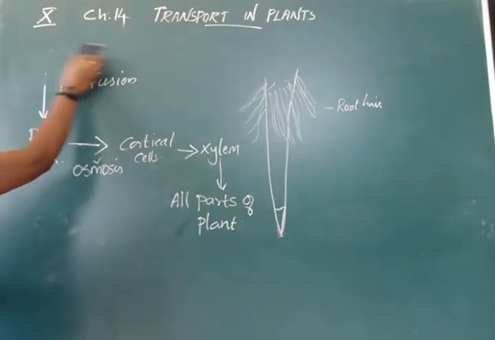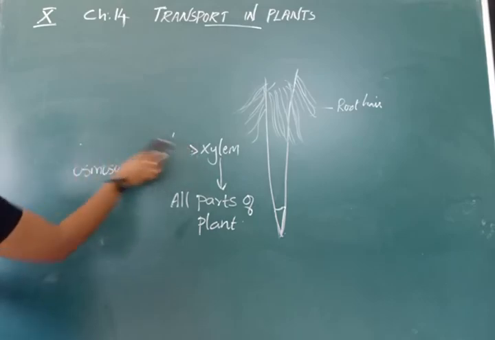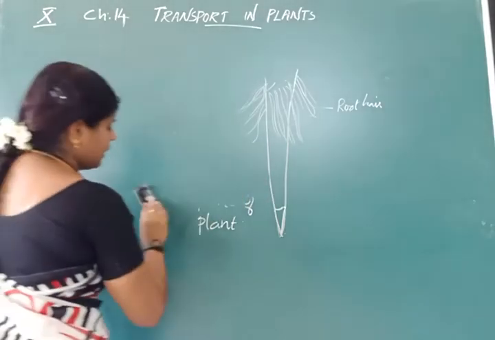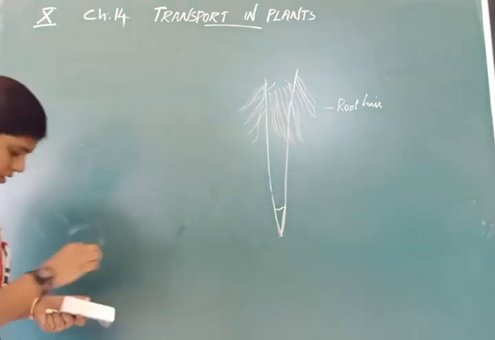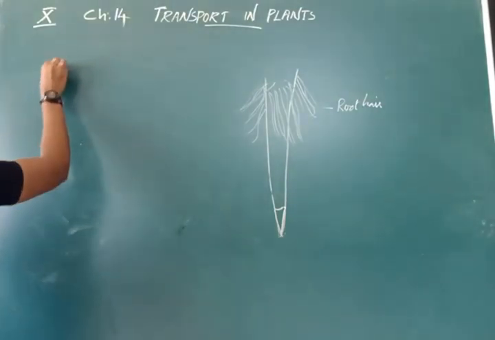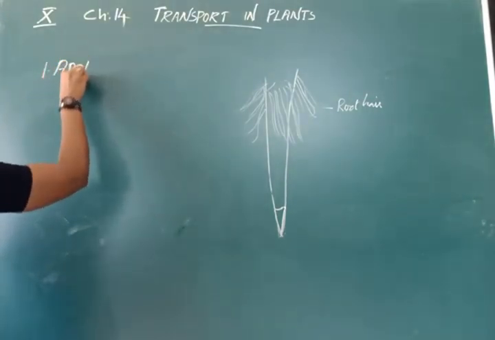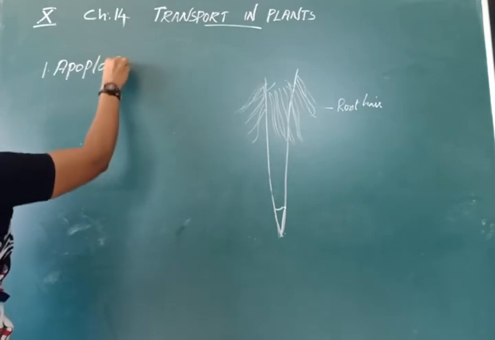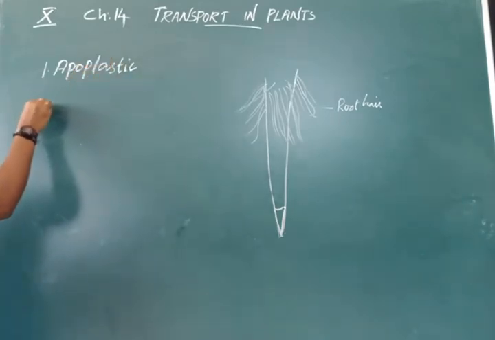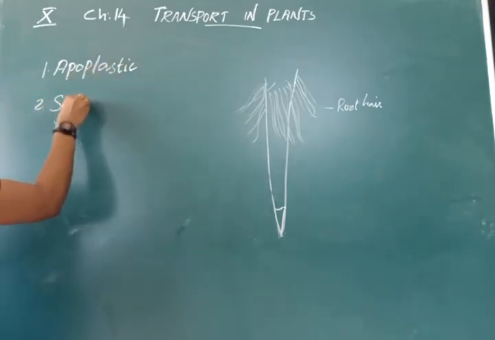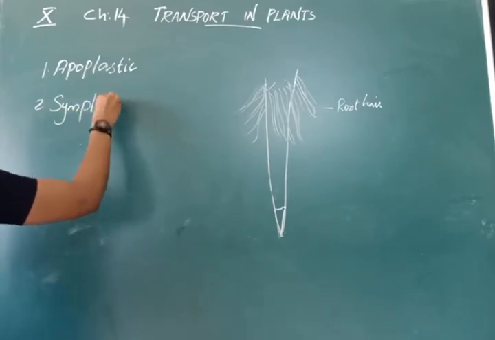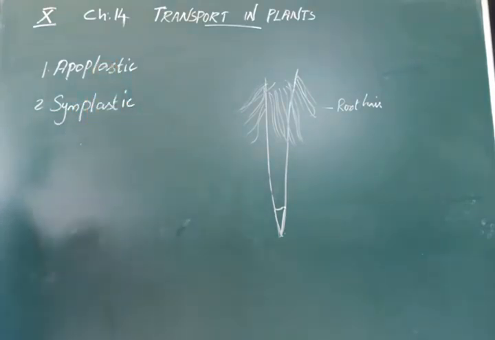Then there are two types of pathway. The first one is the apoplastic pathway, and the second one is the symplastic pathway.